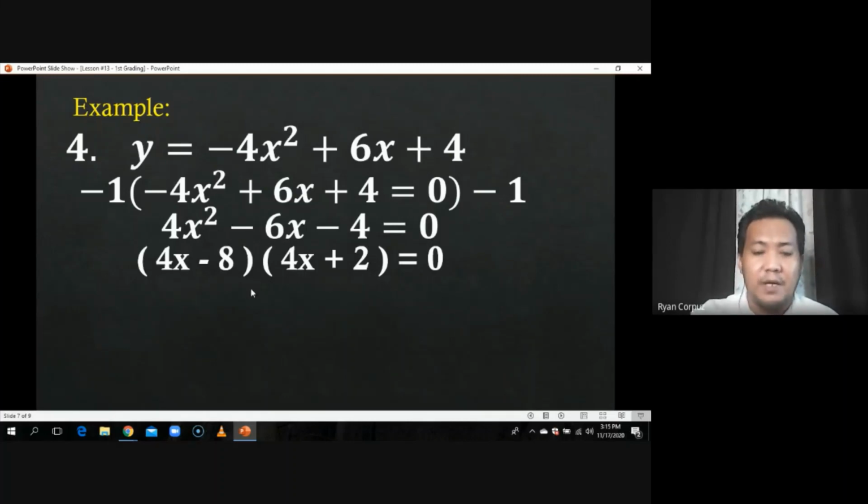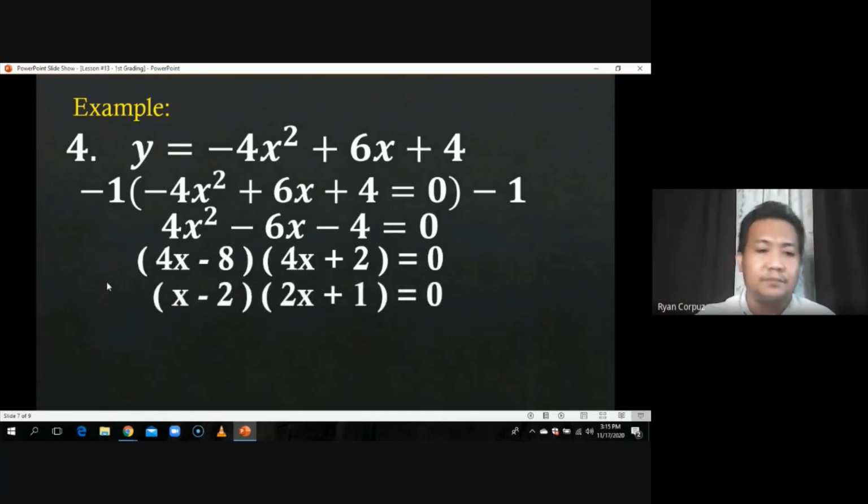So pag simplify natin yung both factors na yan, on the first binomial factor, 4 and 8, both terms are divisible by 4. So when simplified, it will be x minus 2. On the other binomial factor, both terms are divisible by 2.